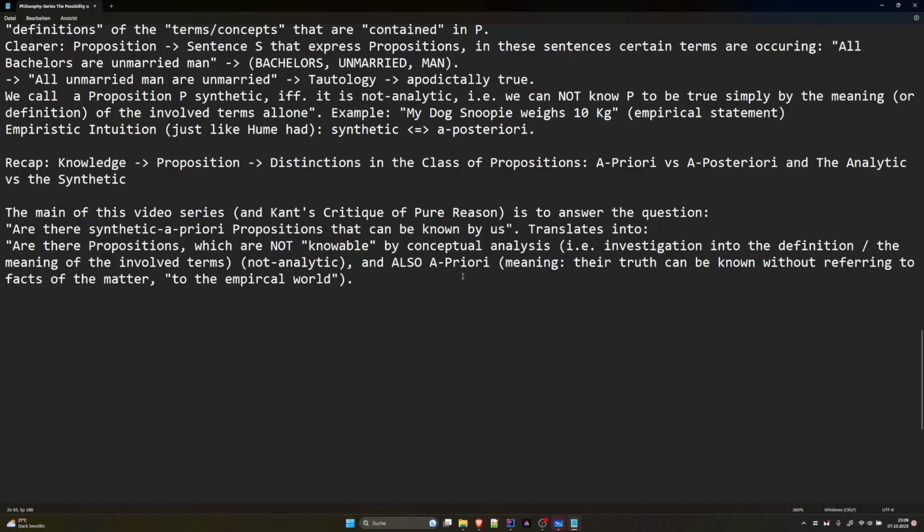We wouldn't say, or at least the people in the Middle Ages didn't say, that the concept of cause is somehow contained in the concept of an event. They would say this is a statement which is not true simply by meaning of the words alone, right? But they also thought this proposition is actually informative, is actually growing our body of knowledge about the world.